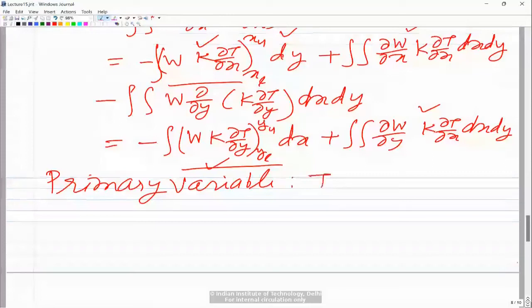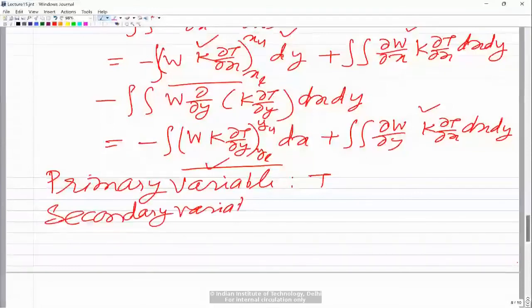And if you look at the secondary variable, the secondary variable is going to be this heat flux, which I am denoting as Qn.